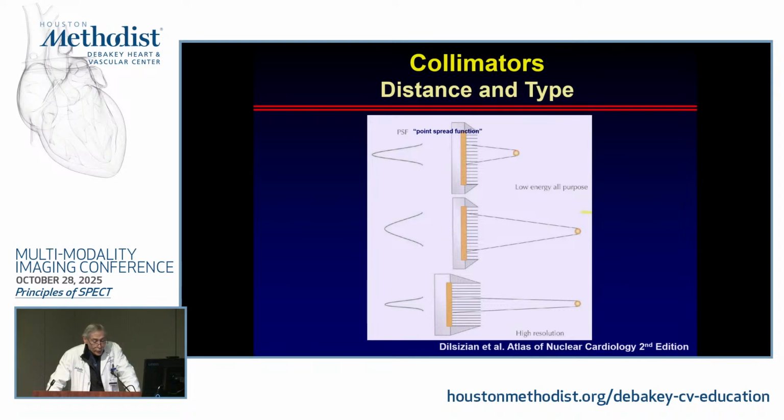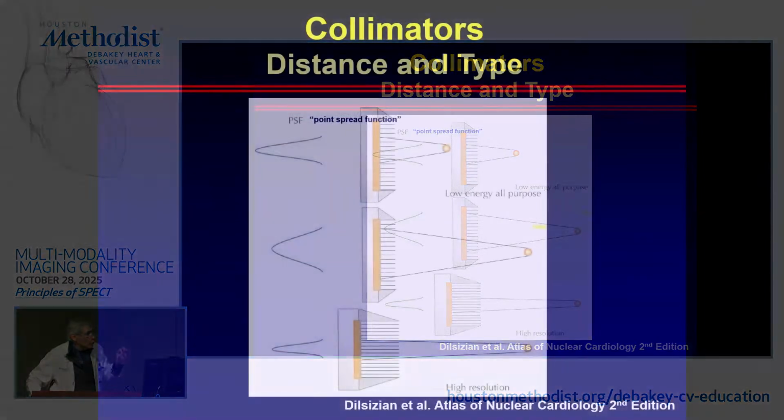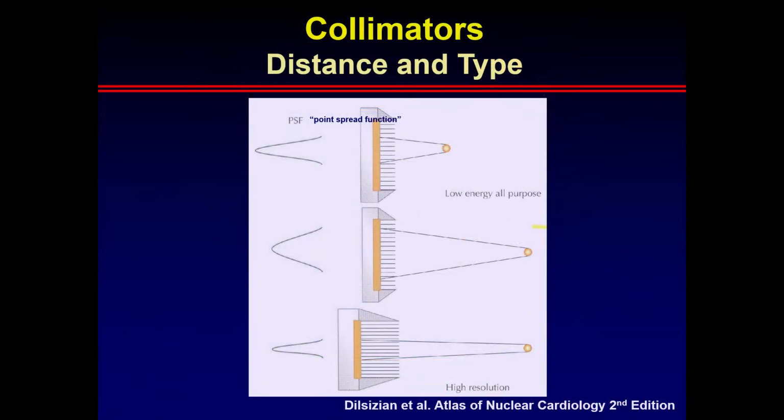What's also important to recognize is the distance from the collimator where the point source is, in terms of what happens to the full width half maximum. So on the top you can see the point source, and you can see that the full width half maximum is pretty narrow there.